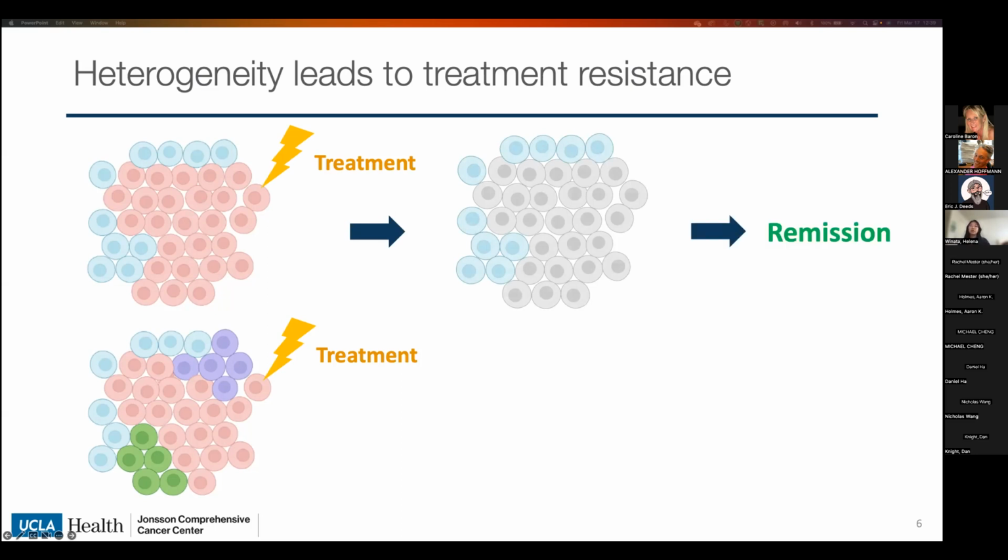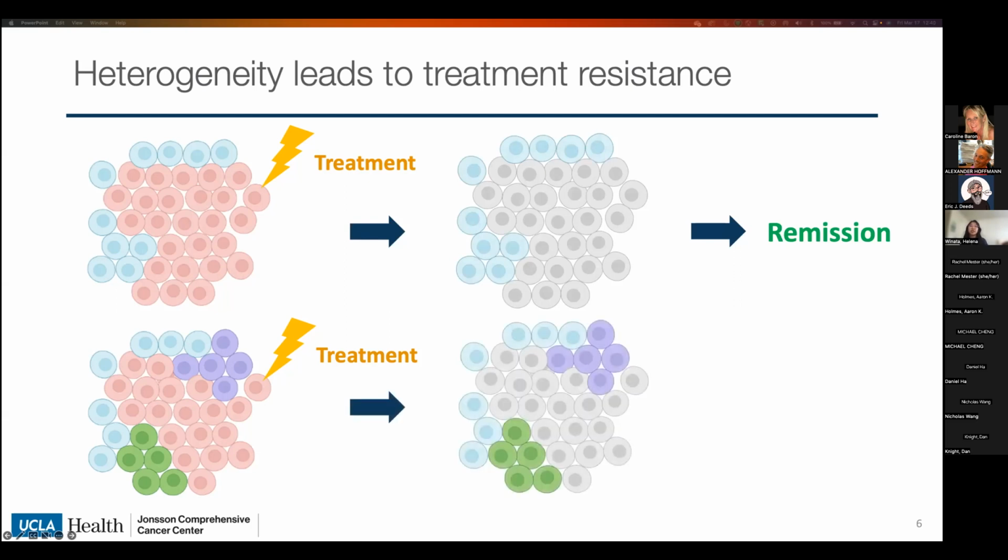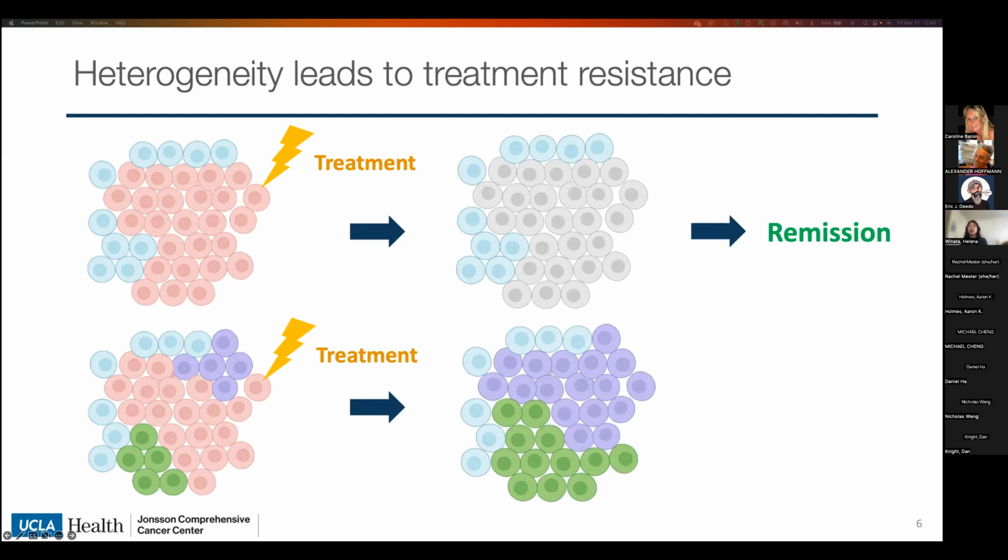So this leads to remission. Whereas in the second population where heterogeneity exists, the treatment is able to kill the red cells, but not the purple or green cells. Over time, this cell population will grow, and this is when the patient has a relapse.